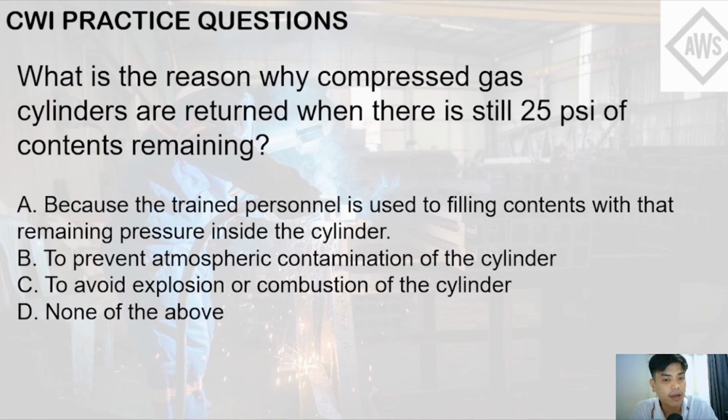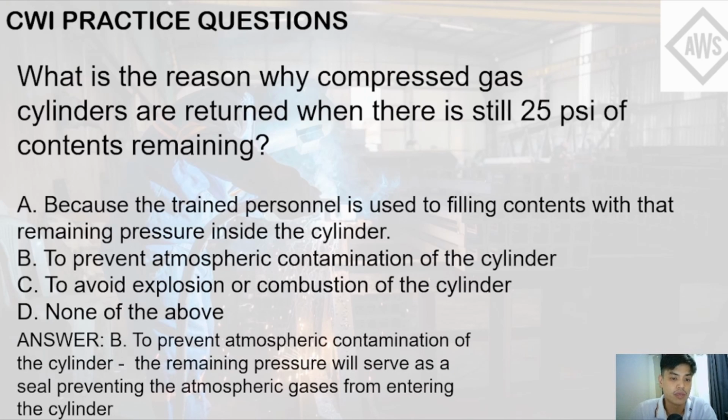This might be problematic, but in order for the cylinder to explode, it needs to have a source of heat. In this example, there's none. Letter D, none of the above. So the answer here is letter B. To prevent atmospheric contamination of the cylinder, the remaining pressure will serve as a seal, preventing the atmospheric gases from entering the cylinder.